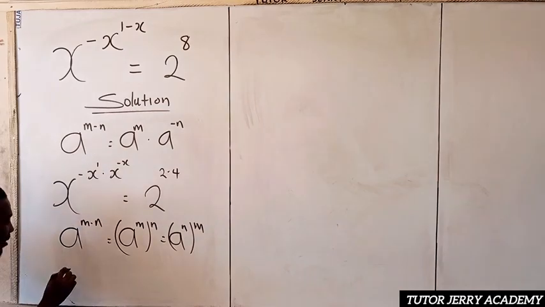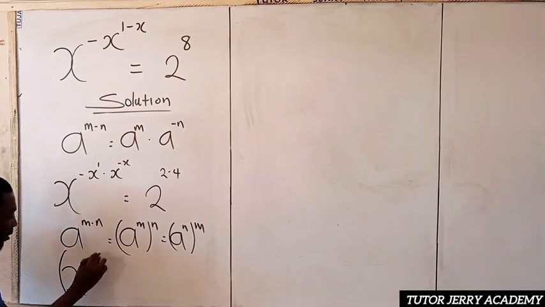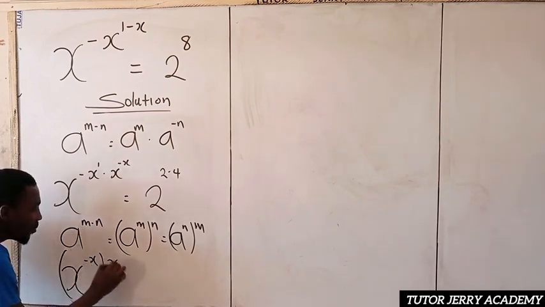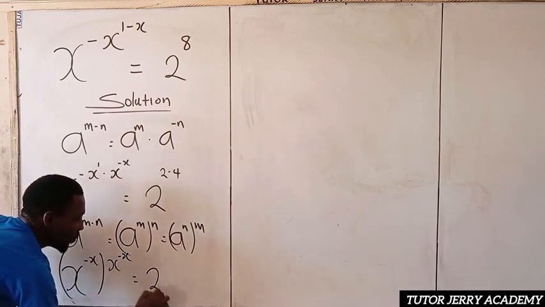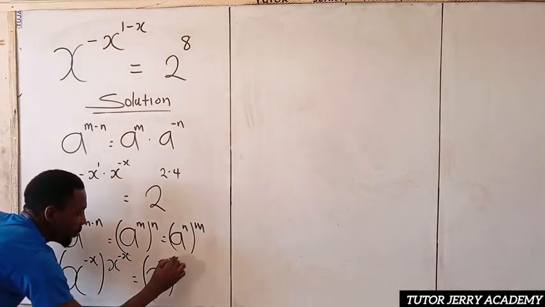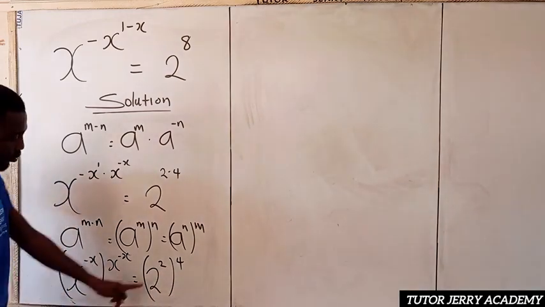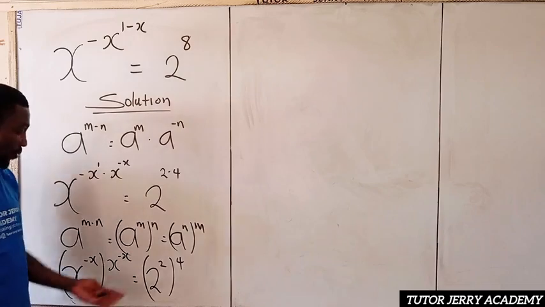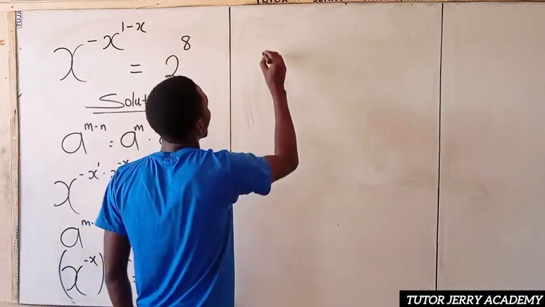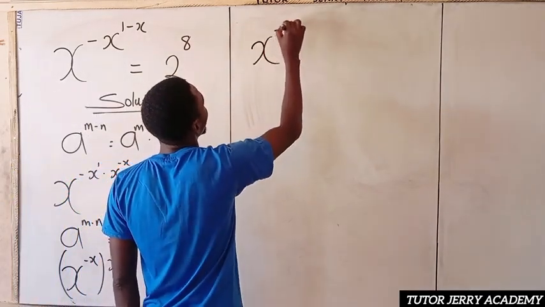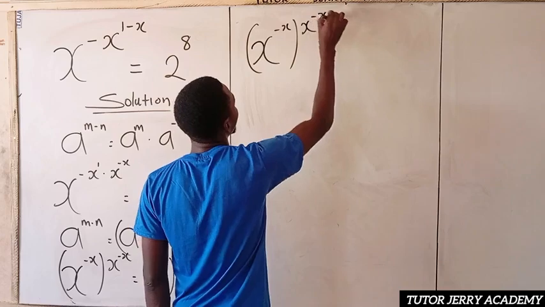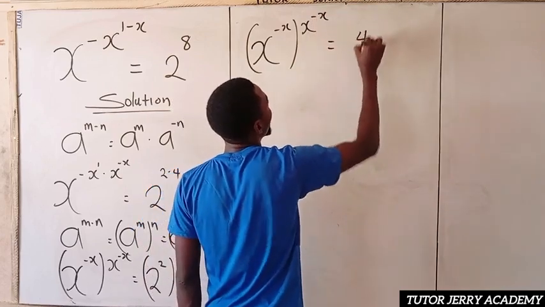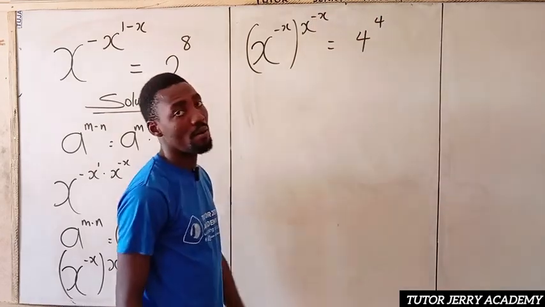So we are going to have this as x to the power of negative x, all to the power of x to the power of negative x, which will be equal to 2 to the power of 2, all to the power of 4. And we know that 2 to the power of 2 is nothing but 4. So we are going to have x to the power of negative x, all to the power of x to the power of negative x, equal to 4 to the power of 4, right?